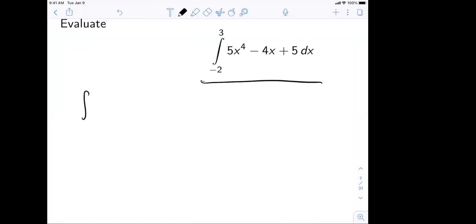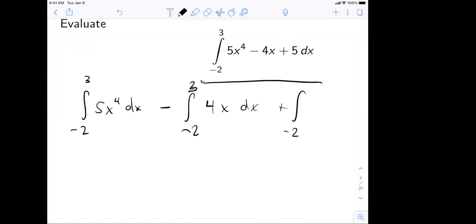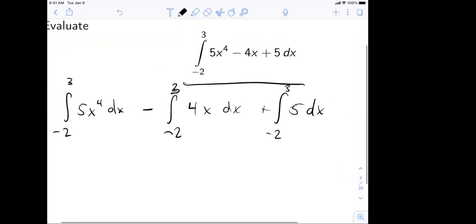You want to write this as the integral from minus 2 to 3 of 5x to the fourth dx minus the integral from minus 2 to 3 of 4x dx plus the integral from minus 2 to 3 of 5 dx. You can break up that integral because you can break up differentiation the same way, and integration and differentiation are opposite processes.